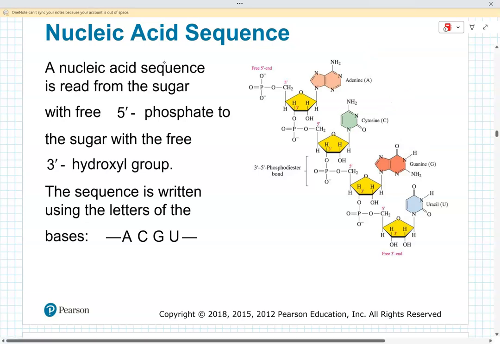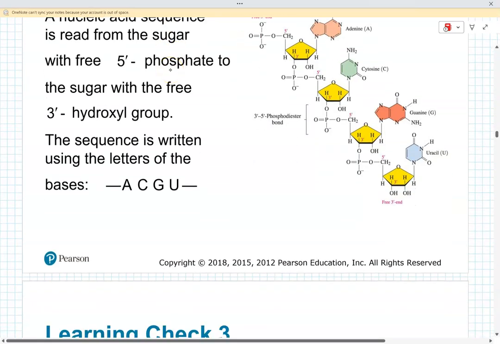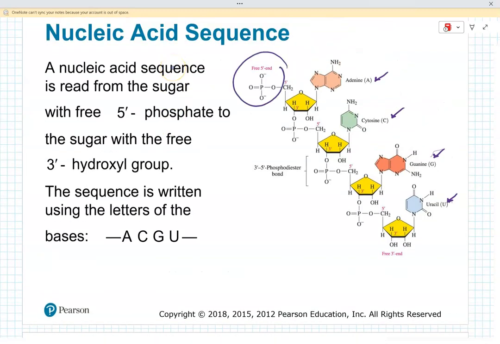So, scientific convention, hear me out. If you have a sequence A, C, G, U, A, C, G, and U, the 5' end is on the left, the 3' end is on the right.